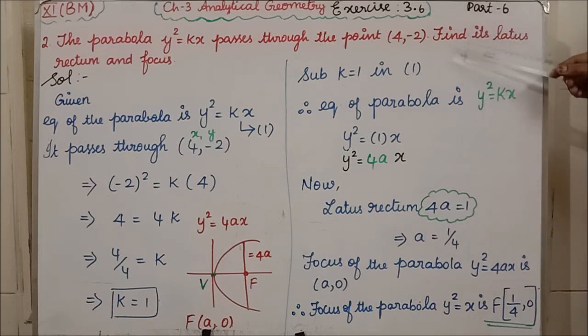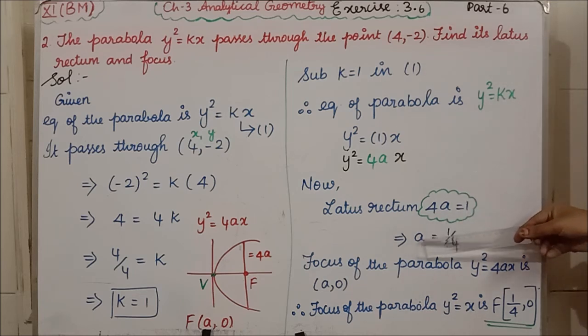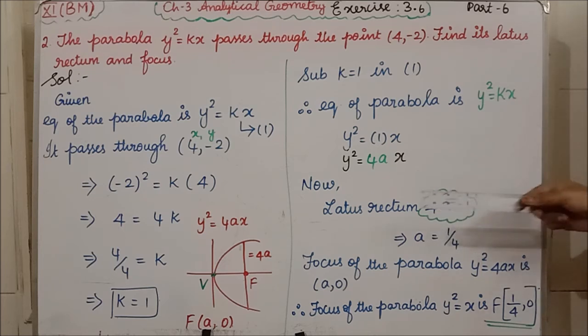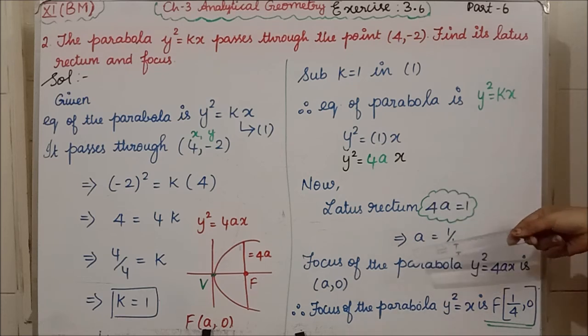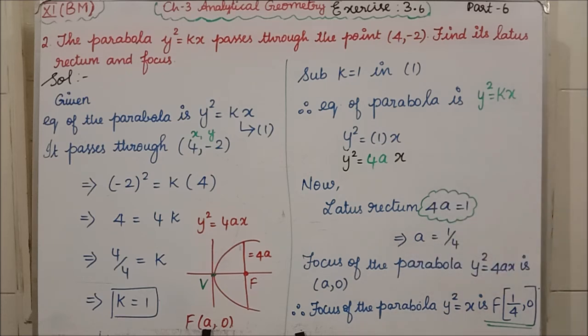In the question they are asking the latus rectum as well as the focus. Once we have the value of a, it is easy to write the focus. For y square equal to 4ax, which opens rightward, the focus is a comma 0.